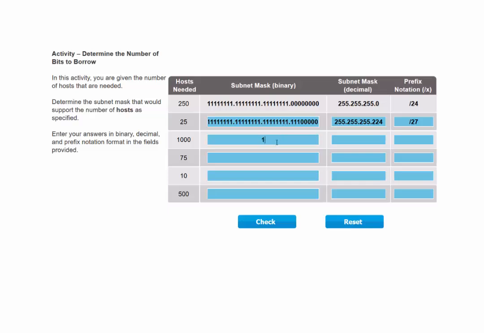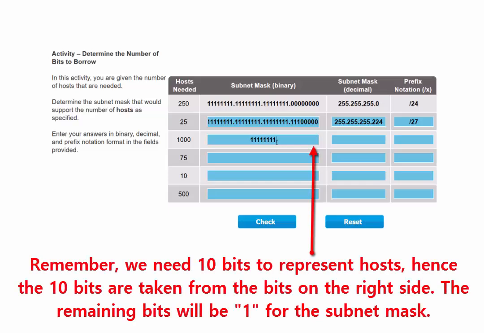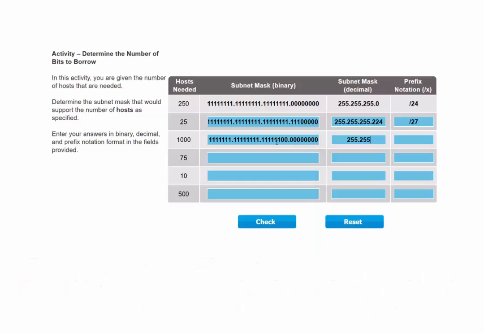So this will give us 8 ones, and then 8 ones, and then here we need 6 ones, and then 0, 0, and the rest will be zeros. So this is actually 255.255.252.0. This is slash 22.